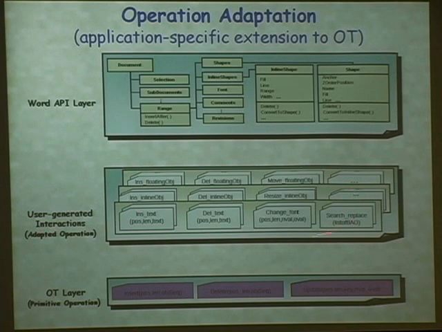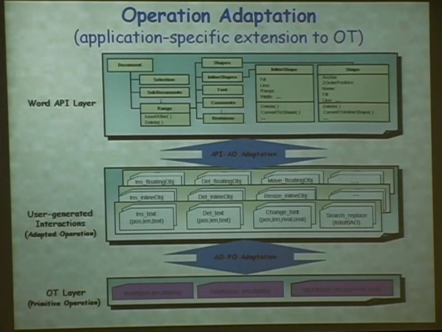This group of operations is the art of operation adaptation. We should encode the user interaction at a higher level, which captures sufficient information for OT processing and also for API replay. And also we do two-level adaptation.